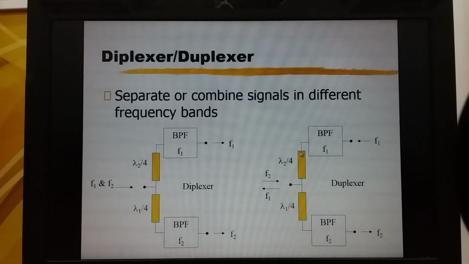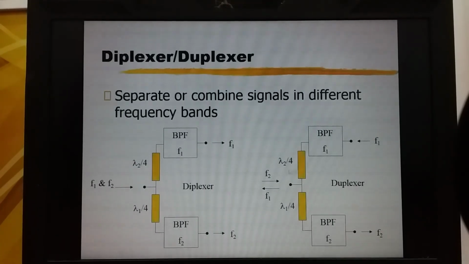A short circuit is transformed to an open circuit at the other end, or infinity ohm, by the quarter wave transformer. That means frequency F2 will not be transmitted into this quarter wave transformer because of the infinite input impedance. In other words, all the microwave energy with a frequency at F2 will be transmitted to the second bandpass filter with a center frequency at F2.